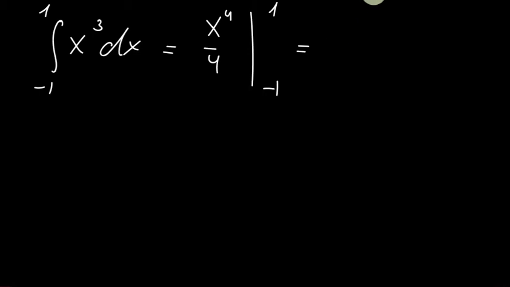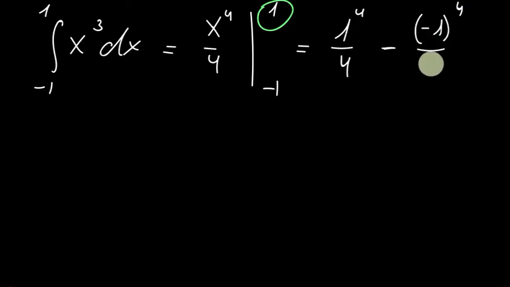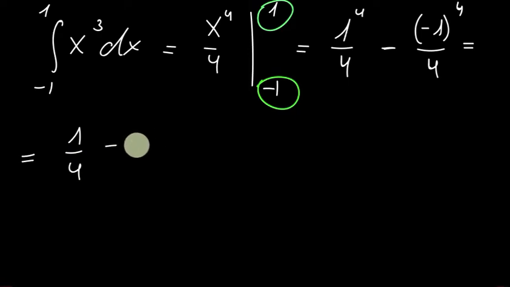And now we put the upper limit first, so we get 1 to the power of 4 divided by 4 minus, we are always subtracting, minus 1 to the power of 4 divided by 4. So we get 1 over 4 minus 1 over 4, and this is equal to 0.